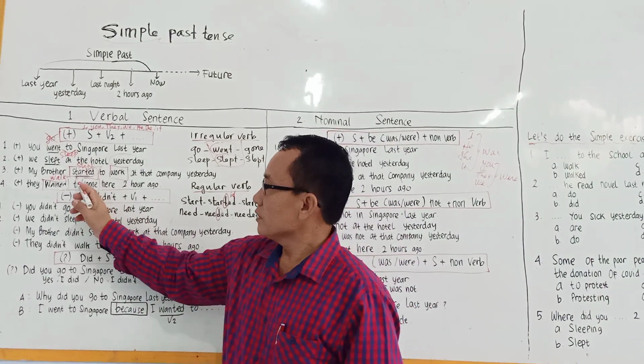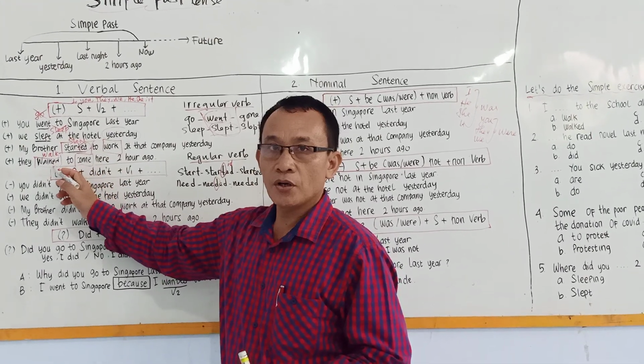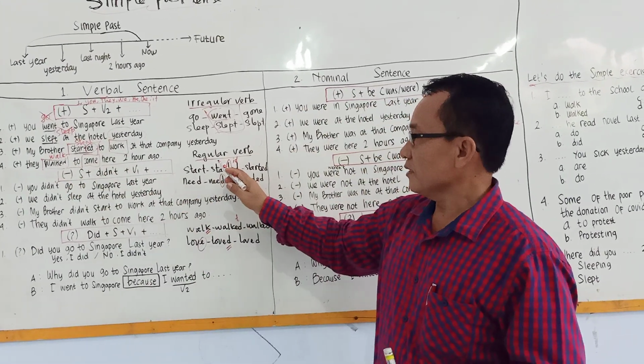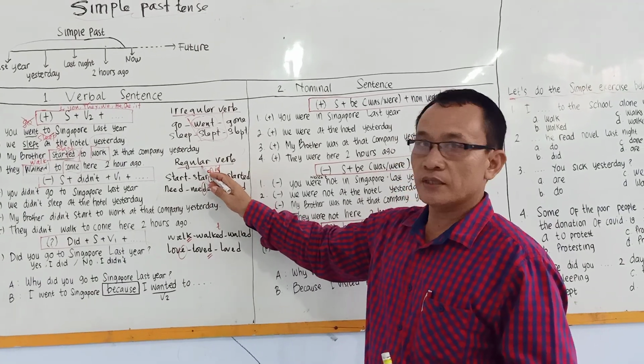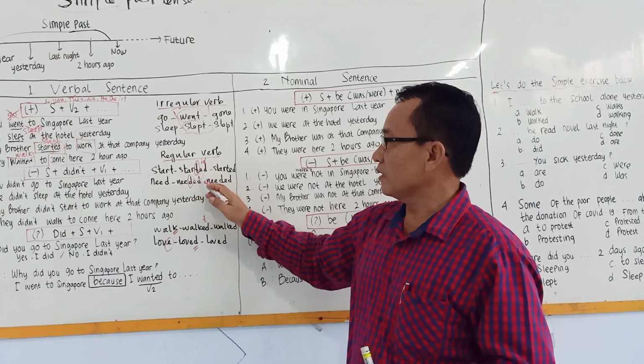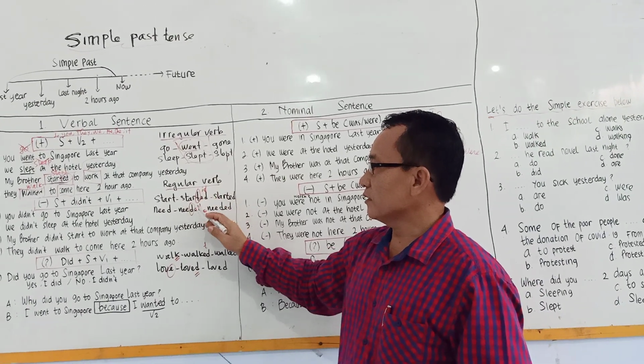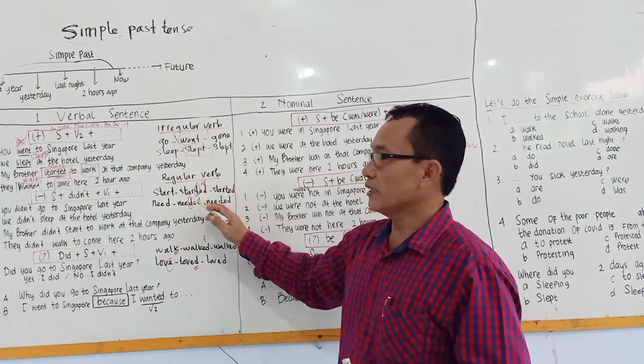Okay, started, walked. These are called regular verbs. Started, needed. You read started and needed with an id sound because they end in t or d.